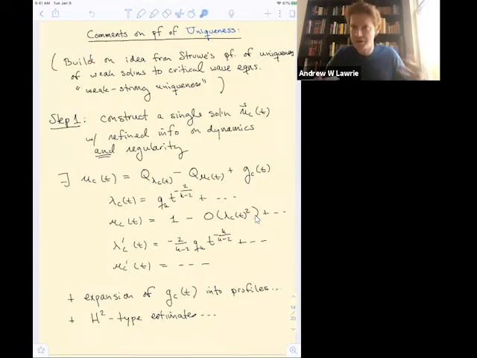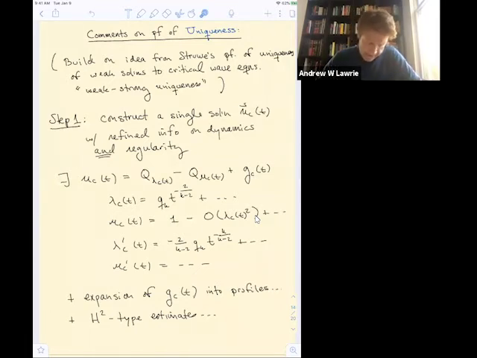One is via the contraction mapping principle, where uniqueness comes with the argument, and the other is the principle of weak-strong uniqueness. And our proof in this case builds on an idea from Struwe, an older paper from maybe about 20 years ago, proving uniqueness of weak solutions to critical wave equations.